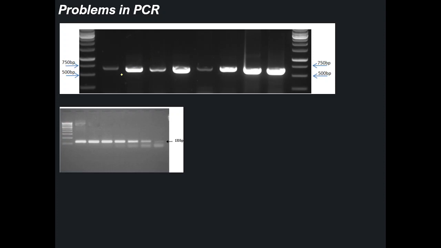Now if you see, there is gel picture number 1 which has been shown here. You see a PCR product. The left and right hand sides are the markers which have been shown to you. Now this PCR product seems fine because you all get the amplification.